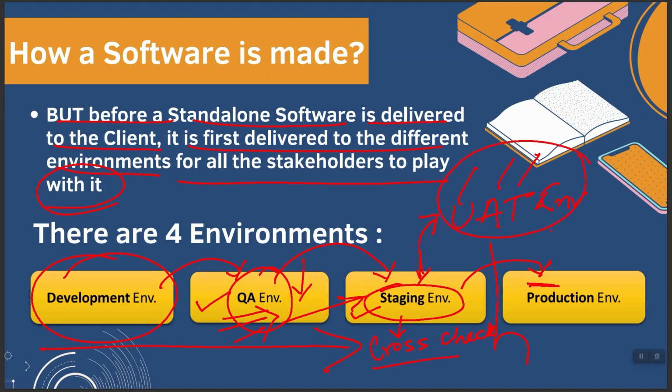Now, in the UAT environment stage, the client might do two kinds of testing. One is alpha testing, the other one is beta testing. We are going to talk about these two kinds of testing in the UAT environment in later sessions, but for now, it is important for you to understand that there might be a different playground given to the client, and maintenance of a UAT environment varies by organization.